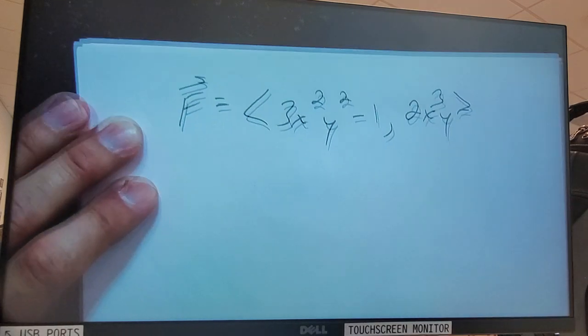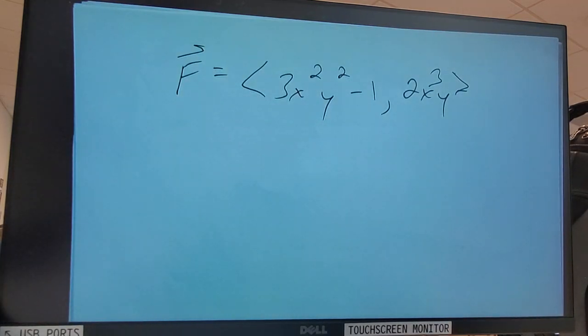Maybe. We'll see. All right. Let's see if I did this right. Even if I didn't, it's fine. So I give you that vector field, yes? And you're going to have to do this line integral. It's going to be kind of gross.